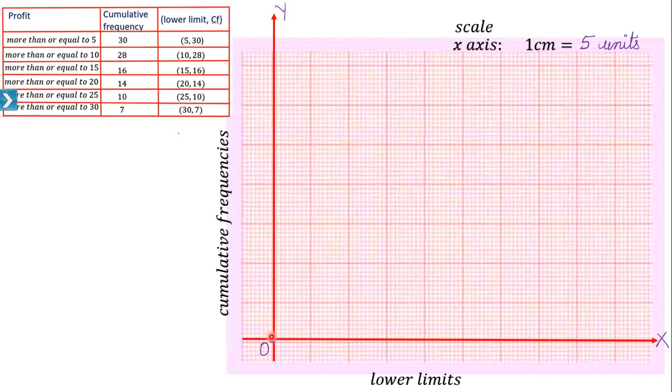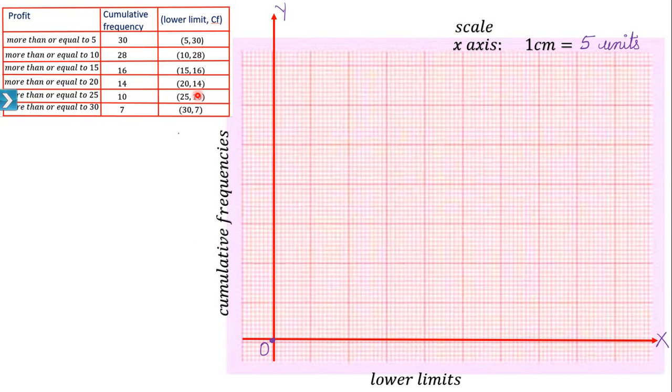Now, choose a suitable scale for y axis also. Observe the points 30, 28, 16, 14, 10, 7. So, the points vary from least 7 to highest 30. If we choose 1 centimeter is equal to 10 units, the graph will be very small, that is 10, 20, 30 only till here.